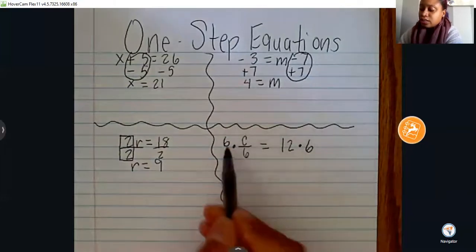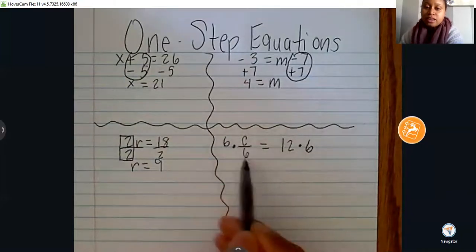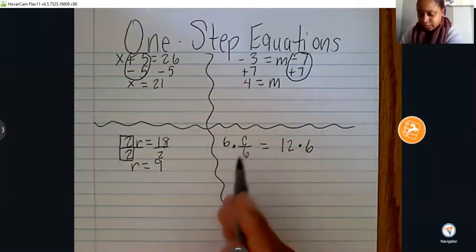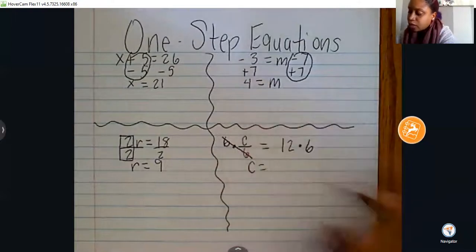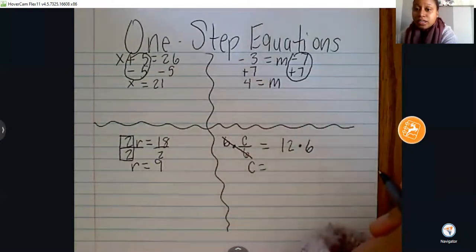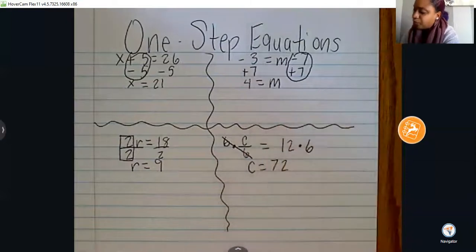This is basically 6 times c, which would become 6c, and then divided by 6, that's just 1c, because these cancel each other out. Then you're left with c equals 12 times 6, which equals 72.